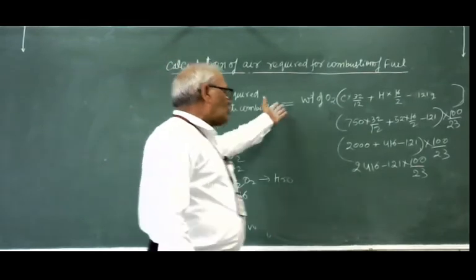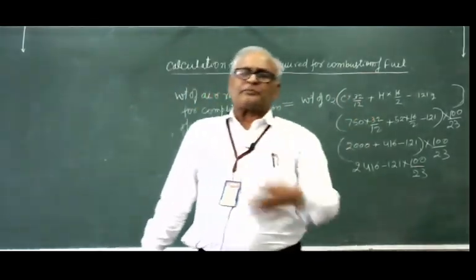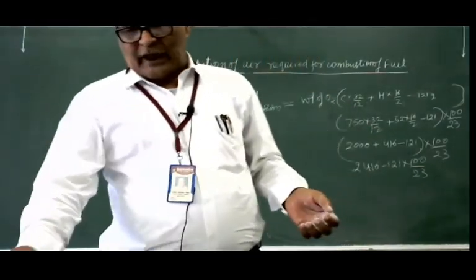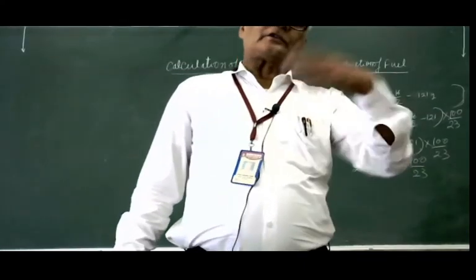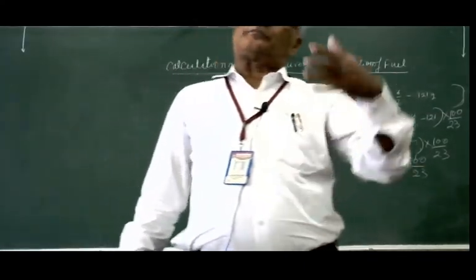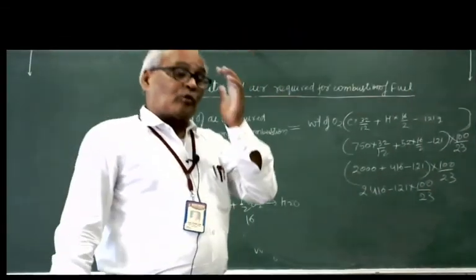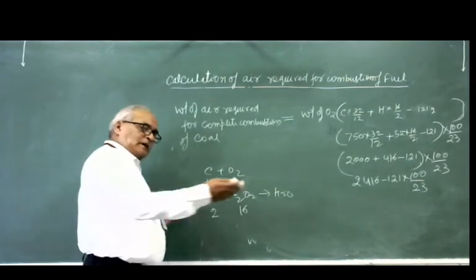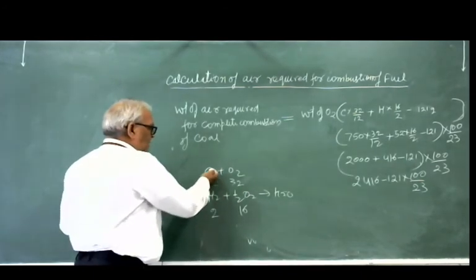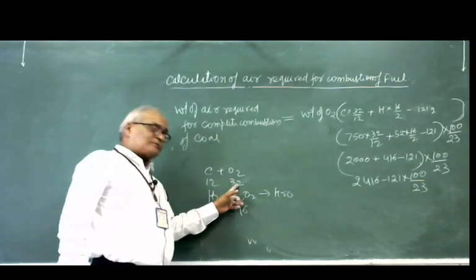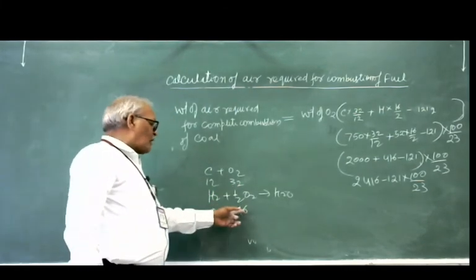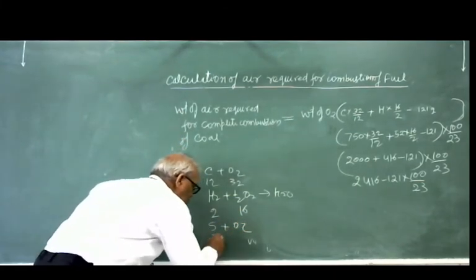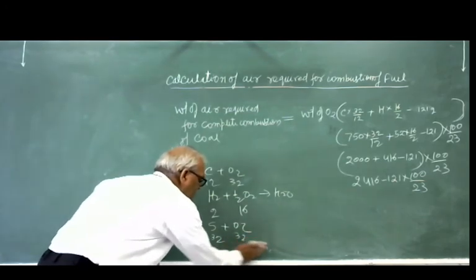Either you apply the formula in one step or you can separately calculate the amount of the oxygen required for carbon, for hydrogen, and if sulfur is given, then for sulfur, taking into consideration what chemical reactions are involved. 12 gram of the carbon requires 32 gram of the oxygen, 2 gram of the hydrogen requires 16 gram of the oxygen, and 32 gram of the sulfur requires 32 gram of the oxygen.